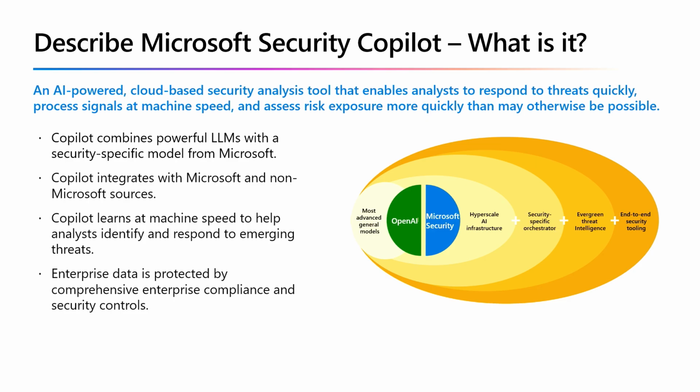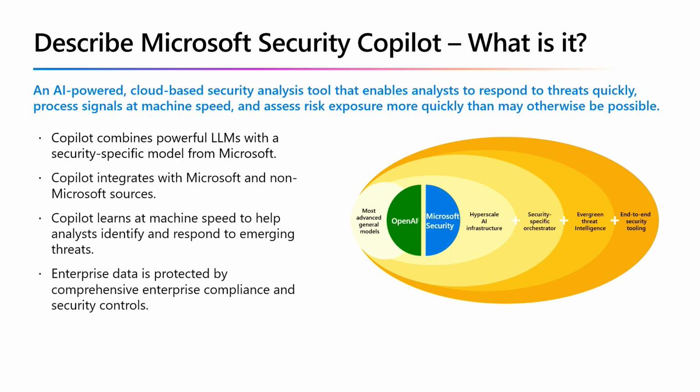So, what exactly is Microsoft Security Copilot? It's an AI-powered, cloud-based security analysis tool designed to help analysts respond to threats quickly and efficiently. By processing signals at machine speeds, it allows us to assess risk exposure much faster than traditional methods.